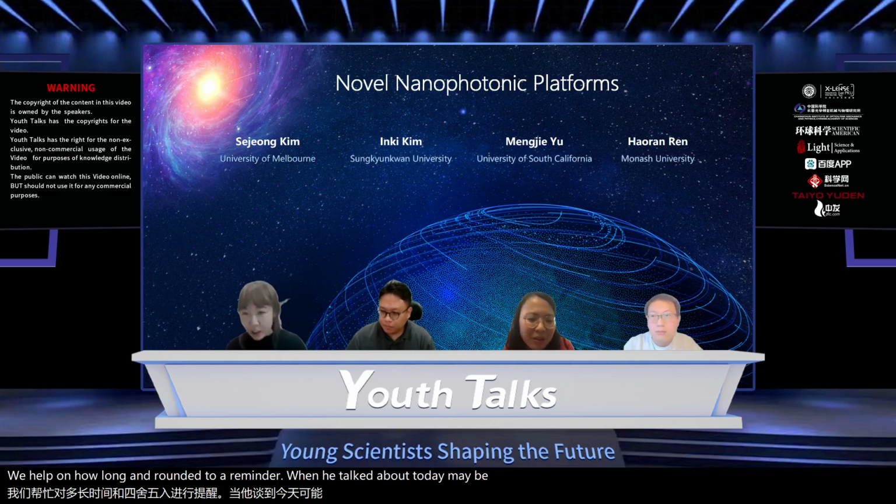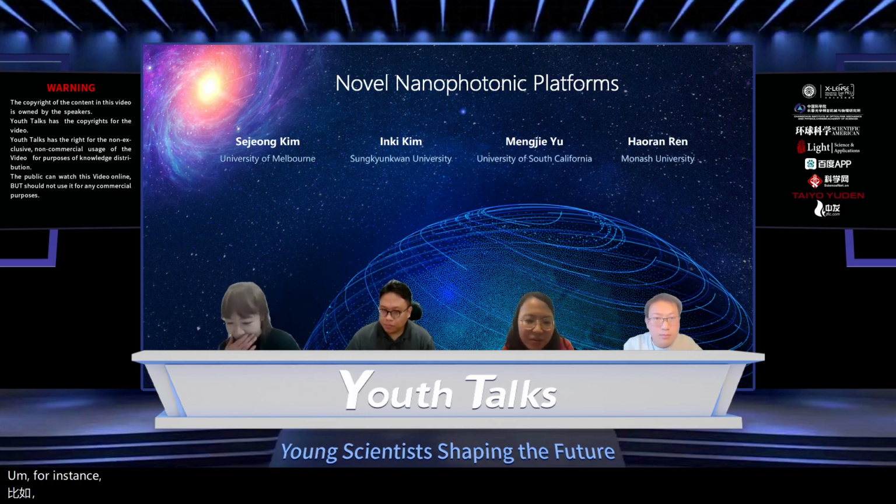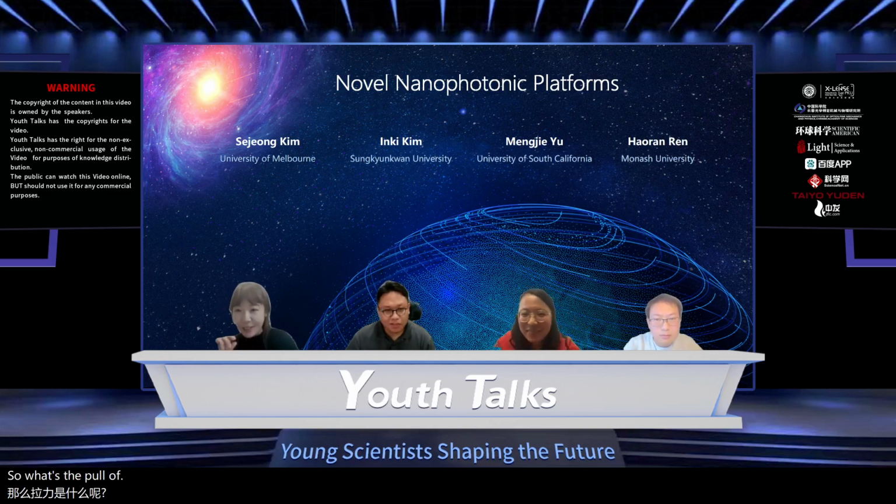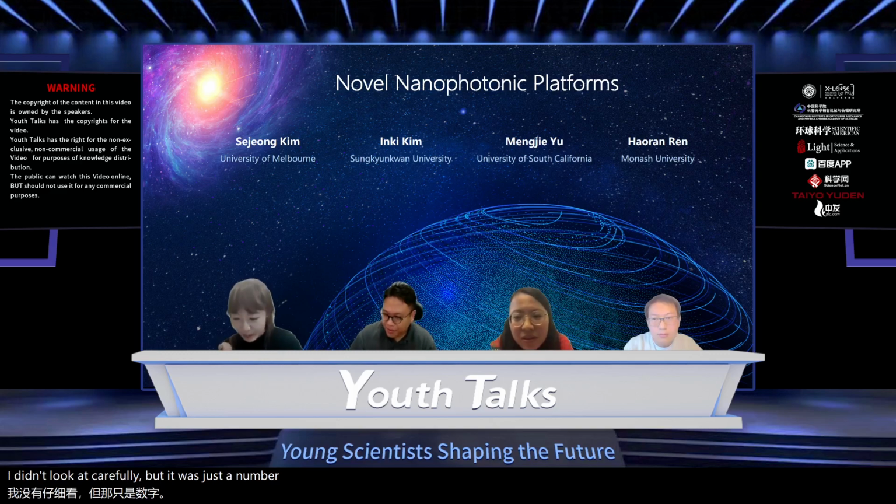Maybe I can start with a question. Very simple question. It was really interesting that the Canadian dollar had a hologram, which I didn't know until now. So what's the hologram embedded in this note? I didn't look at it carefully, but it was just number images.